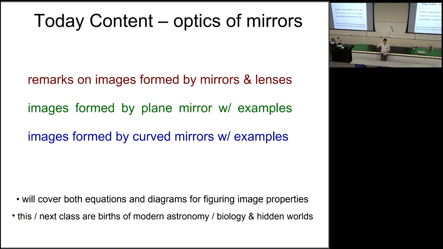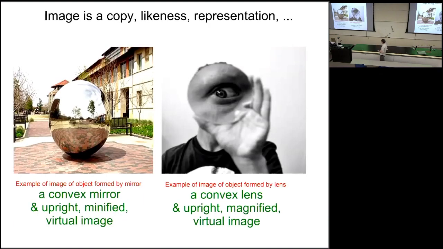They allowed the development of the microscope, for example, and the telescope, that were the basis of modern biology and modern astronomy. So the work we do today with reflection of mirrors and the work we'll do in the next class with images formed by lenses were the basis for really igniting the fields of astronomy and biology. Okay, this is a general remark. This applies to this class, to the next class, and later classes too.